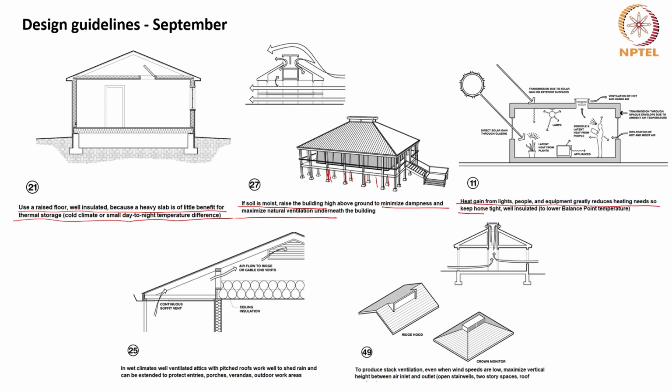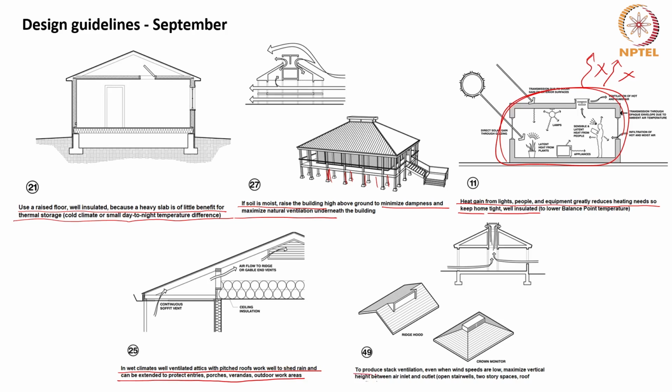So we should keep the home very tight and not allow any heat to escape out. And therefore it should be tight and well insulated. Then what all we can do in wet climate, well ventilated attics with pitched roofs work well to shed rain and can extend it to protect entries, porches, verandas and outdoor work areas.